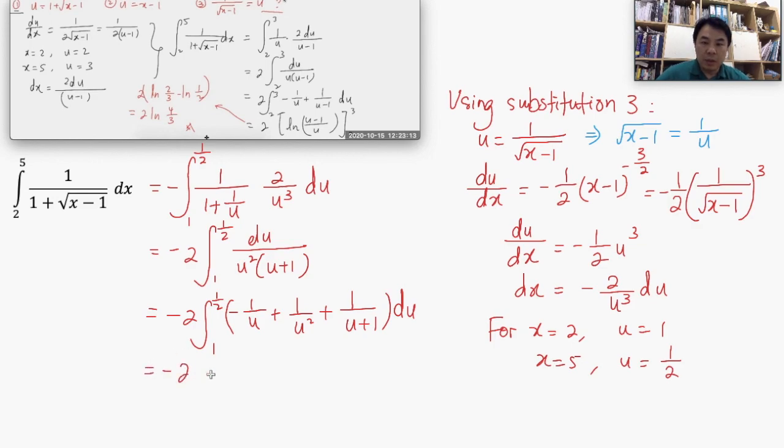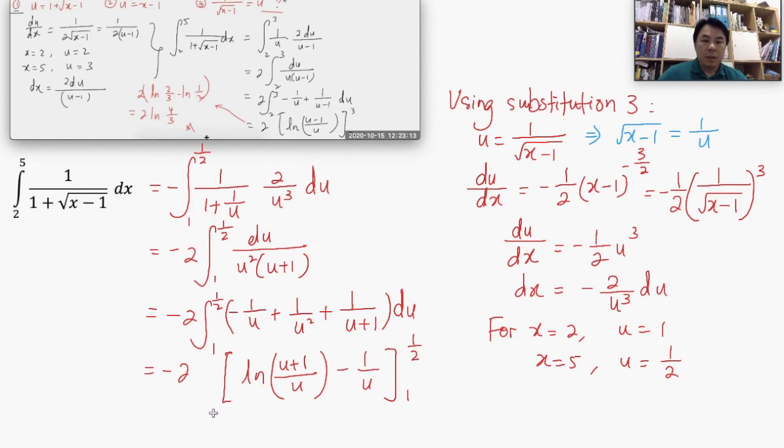So therefore, in this case, this part will become a negative ln. This will be a ln, so I can actually combine both of these ln together. That would give me a ln u, and then this would give me a 1 over u instead. And then we are almost done here.